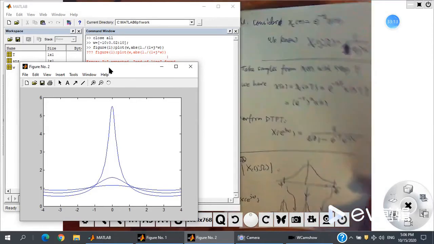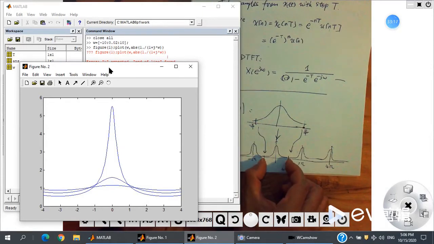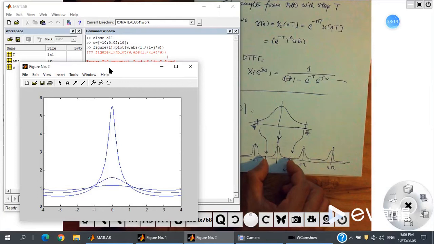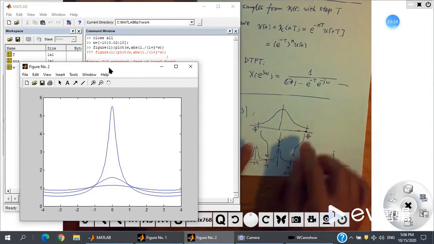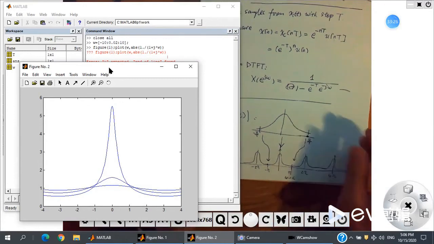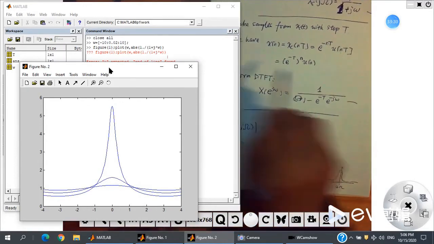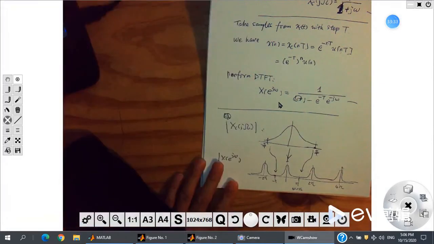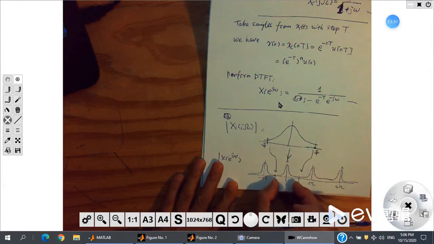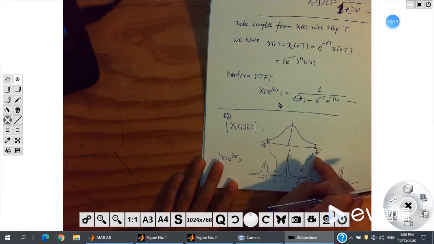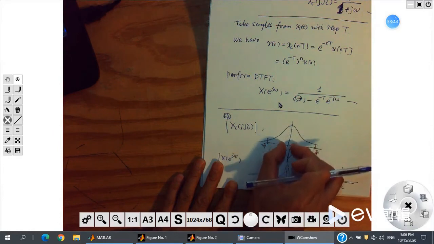You can think you take this part and put it here. When t is small, this one will be large. So for small t, you will have more part from here. You put it here. When t is large, this value will be small. You will use a small piece and put it here.